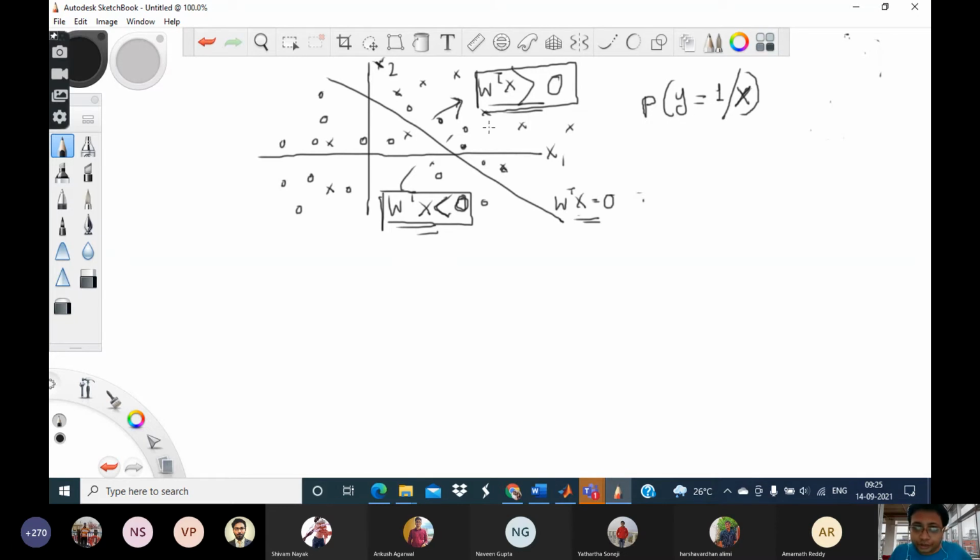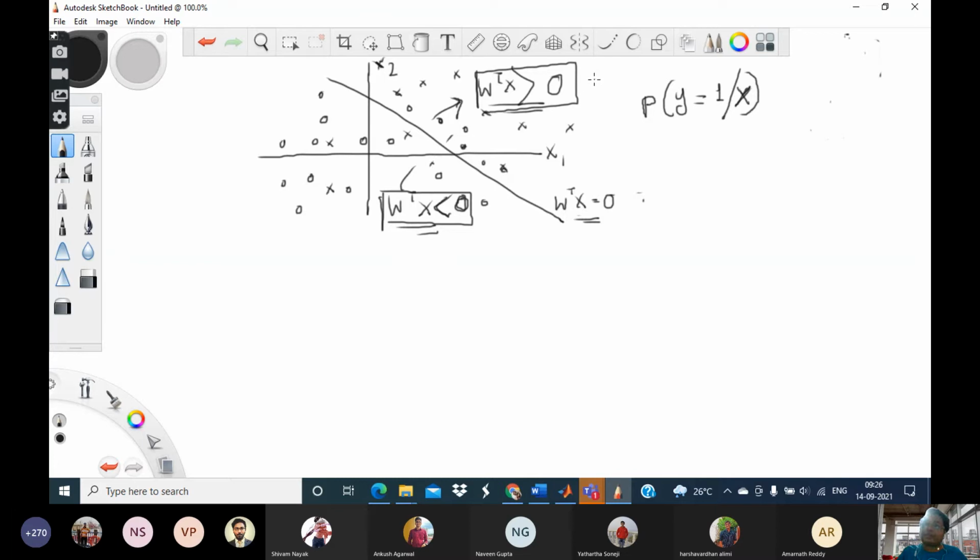For those points which are on this side of the line but close to the line, this probability is somewhat lower, that is close to 0.5. But as I go further and further, deeper and deeper into this side, this half space, this probability increases.